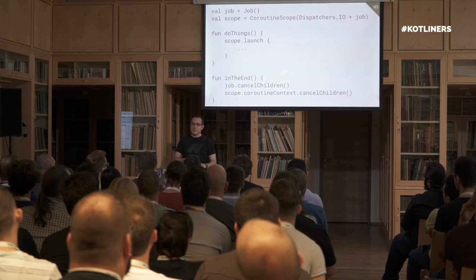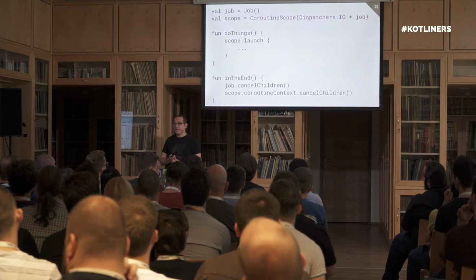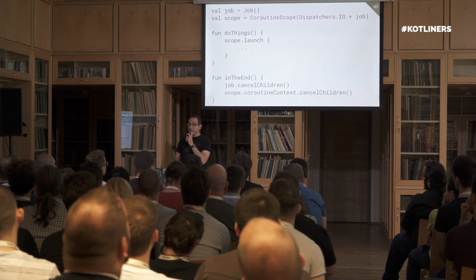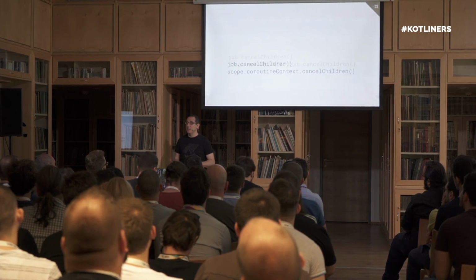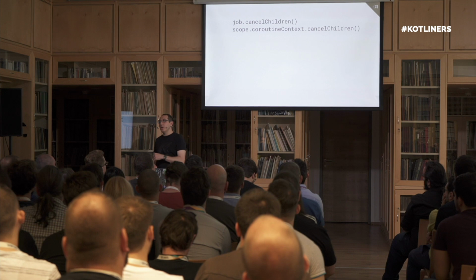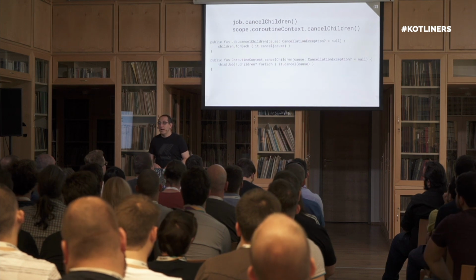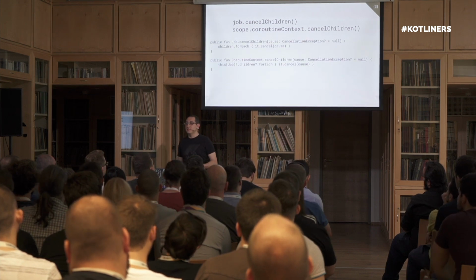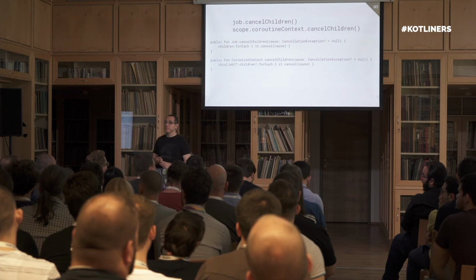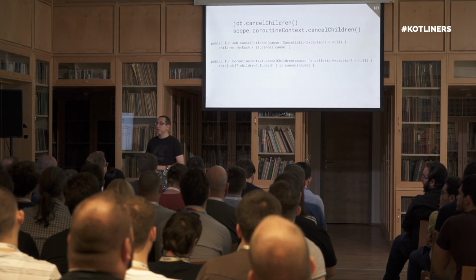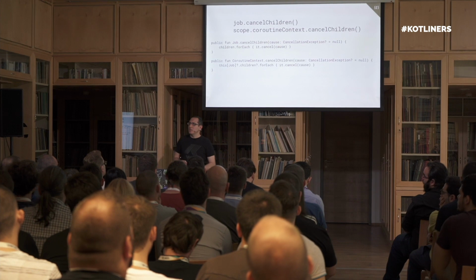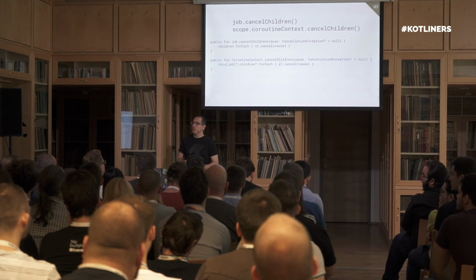I never actually saw that happening because I never did that, but from the code that we can see, it will get all the children of the job and then call cancel on each of them. No, I meant if you call the first method twice while it's already running and you call it again, will it start the job a second time?